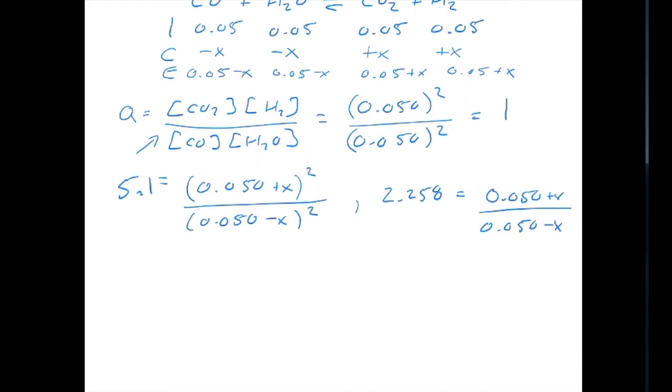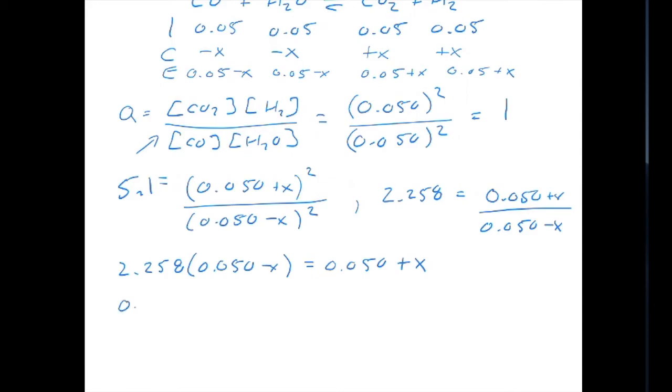And if we multiply everything out, 2.258 times 0.050 minus x equals 0.050 plus x.